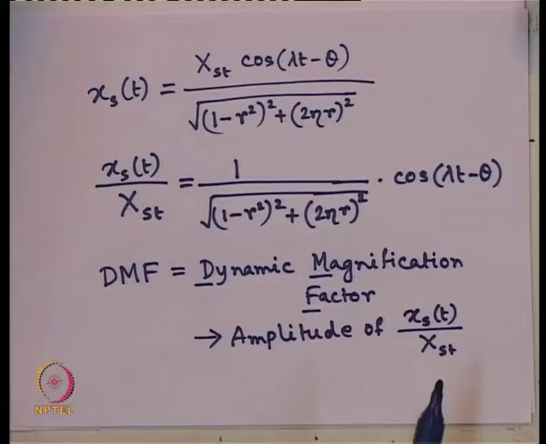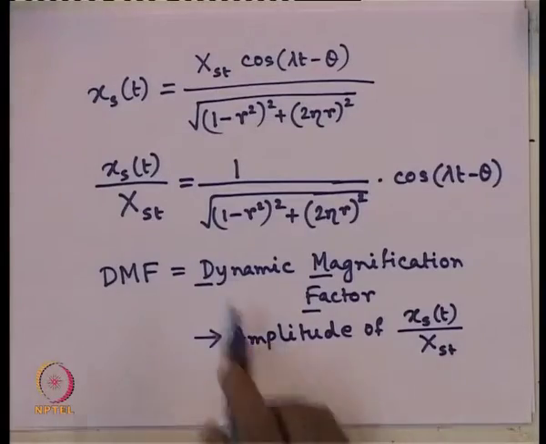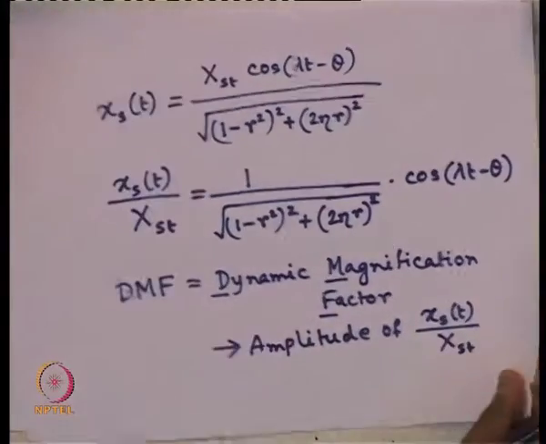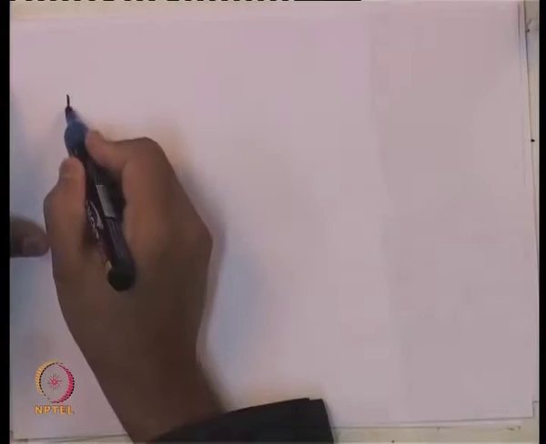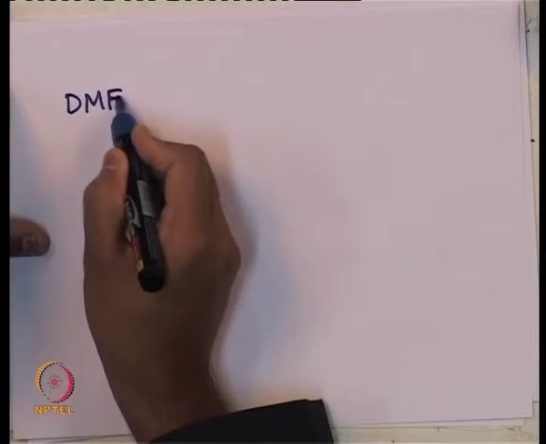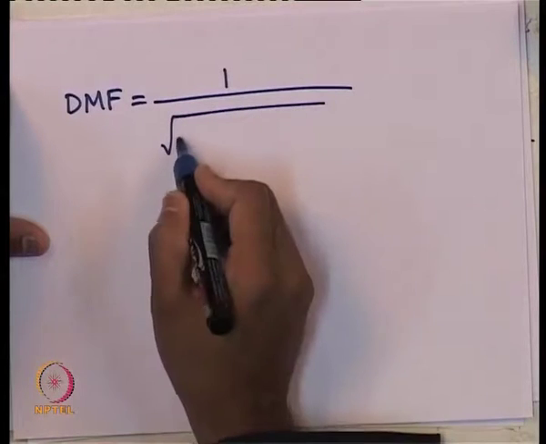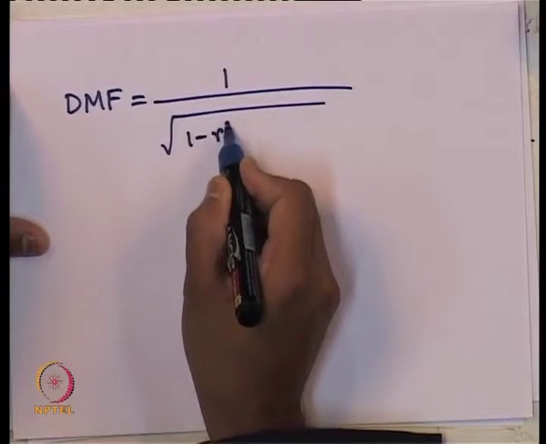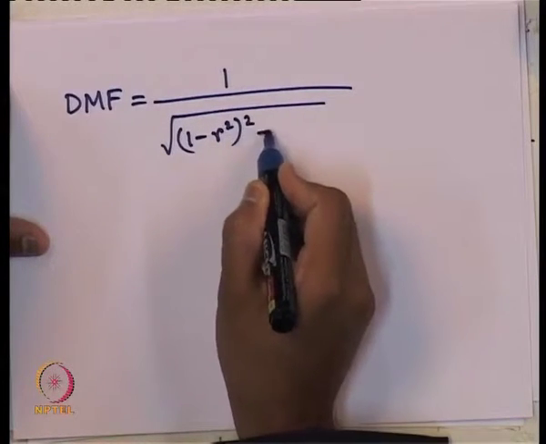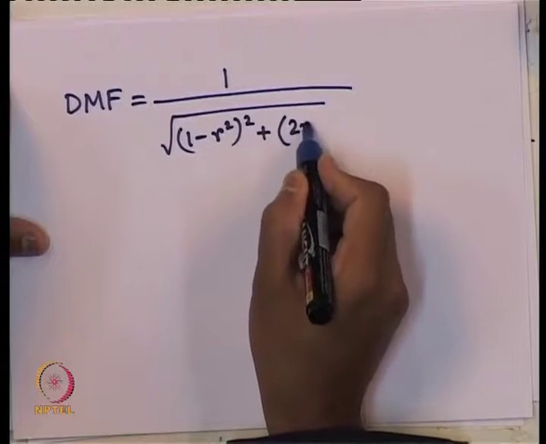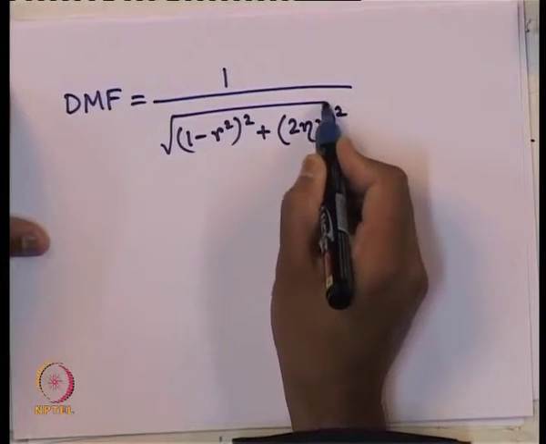So, what is the expression for dynamic magnification factor? This one. So, let us write that. DMF is given by the expression 1 by root over 1 minus r square whole square plus 2 eta r whole square.